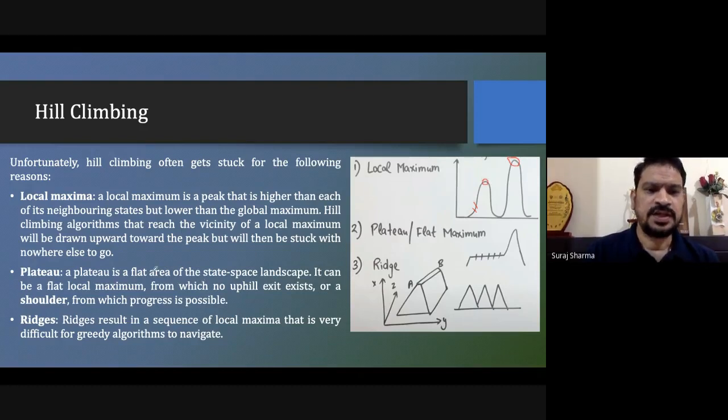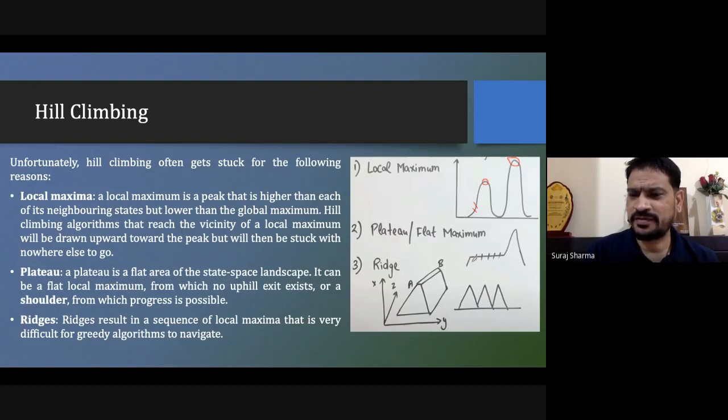Second problem is plateau. What is a plateau? Plateau is a flat area of the state space landscape. It can be a flat local maxima from which no uphill exists, or a shoulder from which progress is possible. Now, if you see this particular surface, it is a flat surface here.